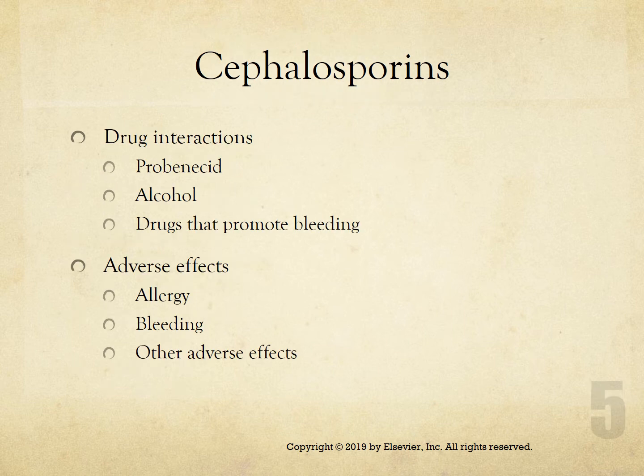The drug interactions for the cephalosporins with the probenecid, the same as with penicillin. It will cause a delayed excretion of the cephalosporins. With alcohol, with certain cephalosporins, it can cause an Antabuse-like reaction if it is combined with alcohol.